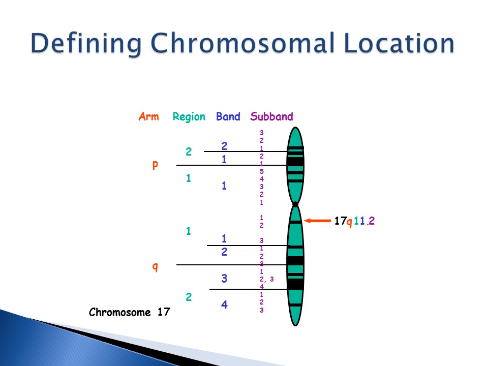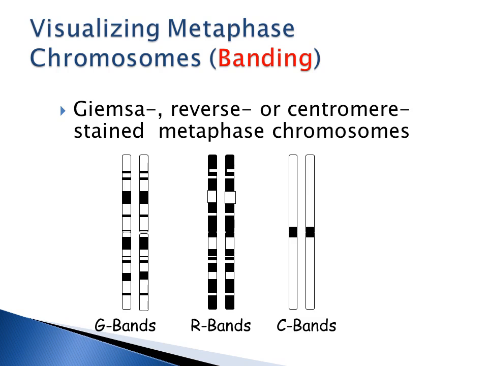So we already said you can look at chromosomes in more detail by looking at the banding patterns, the size of it, and where that centromere is located. Chromosomes can be visualized using various staining techniques.